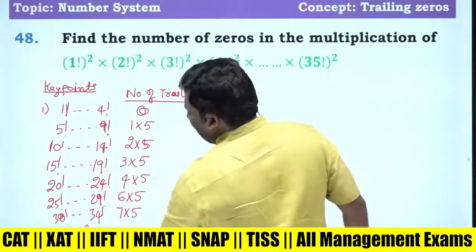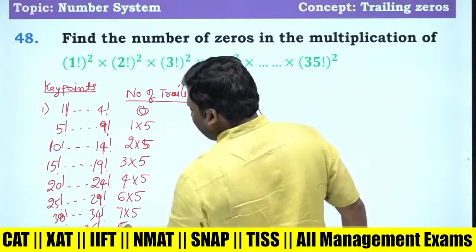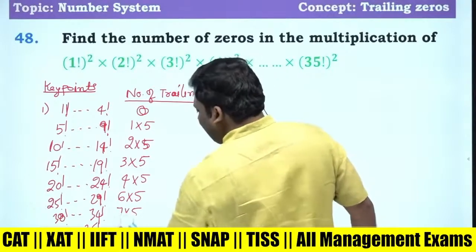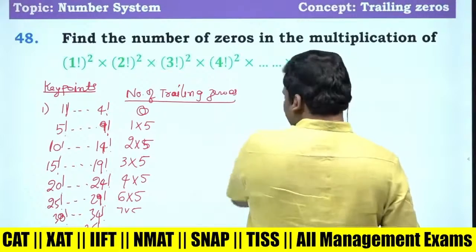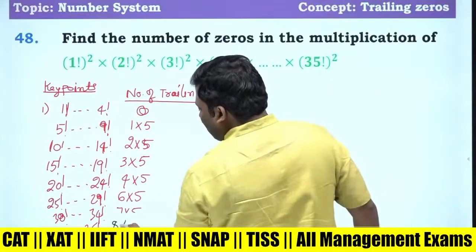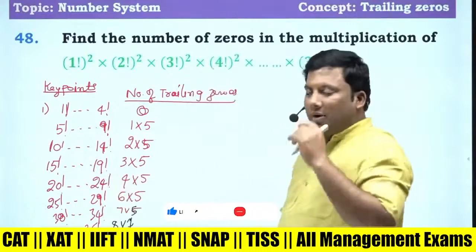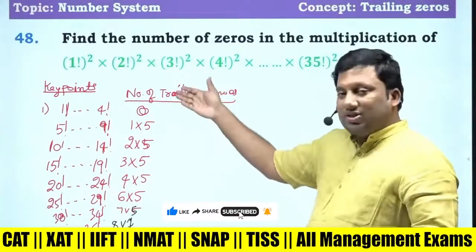Next, 35 factorial: it is 1 5 that I will get. Till here it is clear, right? So this will be 8 into 1. Only for 35 factorial it is 1. The number of zeros at the end will be 8. Is this idea clear? This is what we did.